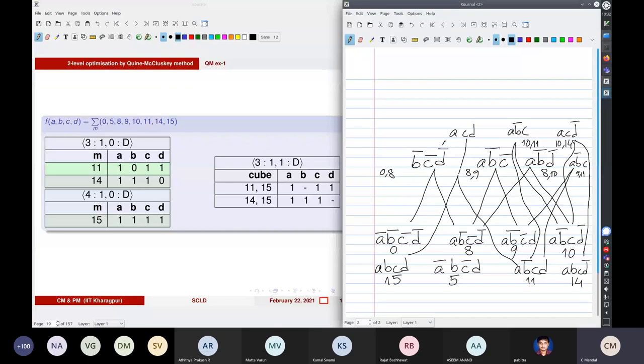So ACD is 11, 15. We'll write 11, 15, and it's also adjacent to 14, and you get ABC. Okay, so I think we'll write 08 here. It's too far off.